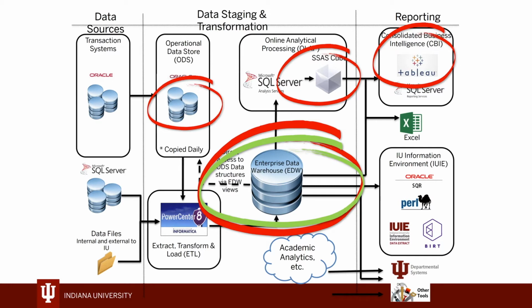The piece that I would like to draw a delineation on here is that the data warehouse, at least in terms of IU, was primarily used for what I would describe as operational reporting. So if you're in admissions and you want to see who applied yesterday, you would go to the data warehouse to retrieve that information, and that would give you effectively your work for today, right?